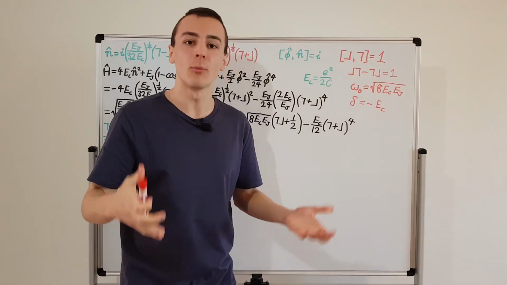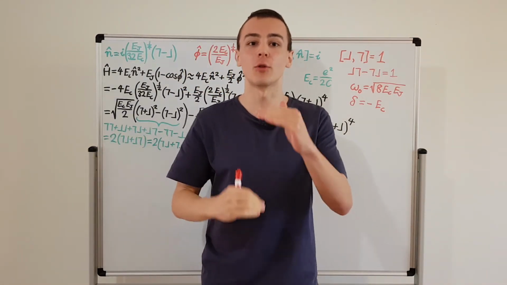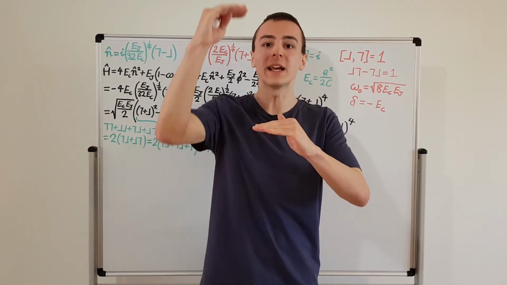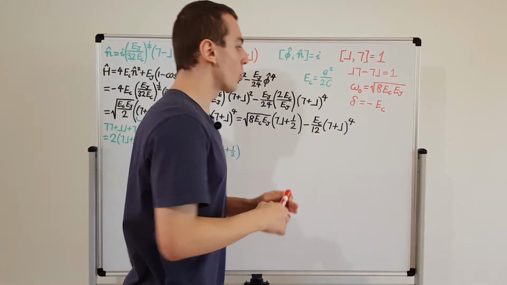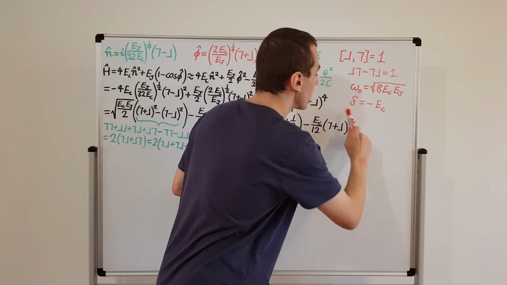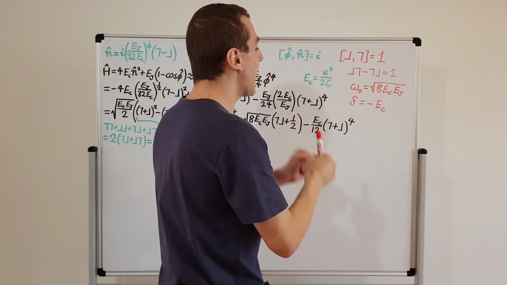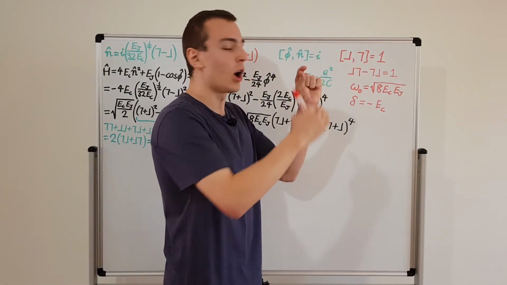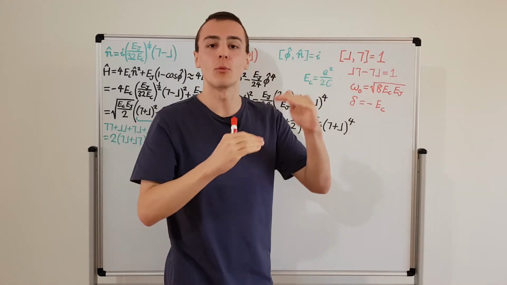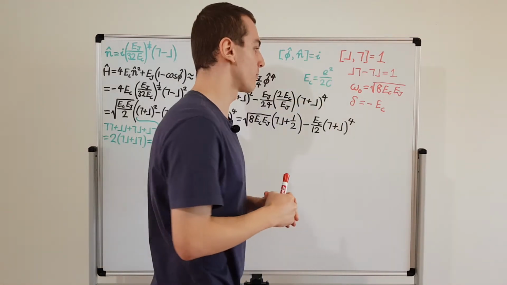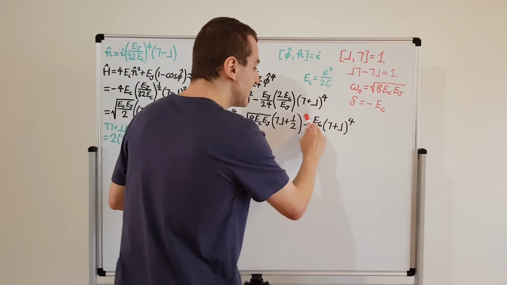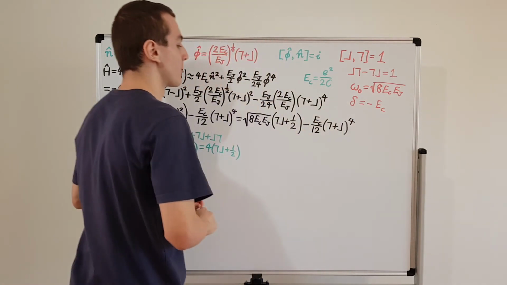Now if something's anharmonic, that means it is not harmonic, and harmonic means evenly spaced energy levels. So what I'm denoting by lowercase delta is actually the anharmonicity. That is the deviation away from those harmonic, evenly spaced energy levels. So this minus EC over here, I'm just defining as delta.